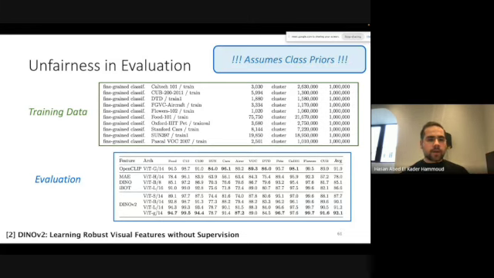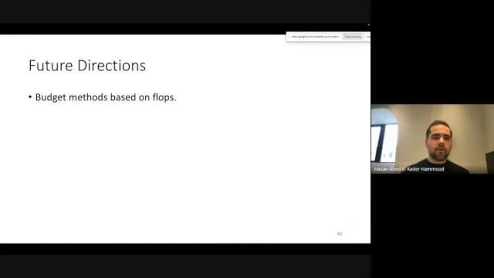And if we want to think of it in terms of future directions, one important thing that people should consider in the literature is, can we take this one step further, and instead of just budgeting based on the total number of seen samples, could we budget based on the flops? So we know SimCLR is a very, very simple method. Dino is more complicated.